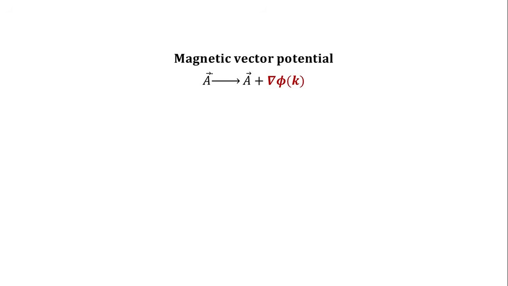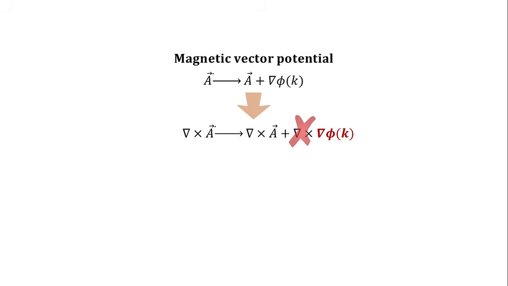At this juncture, it is helpful to draw inspiration from classical electromagnetism. In electromagnetism, the magnetic vector potential is a gauge-dependent quantity. Its value depends on the specific gauge chosen to describe the system, and it cannot be directly measured. However, we know that the curl of the magnetic vector potential is gauge invariant.